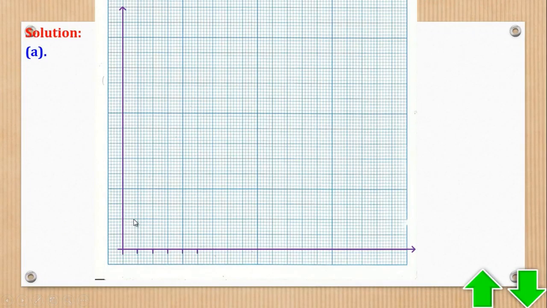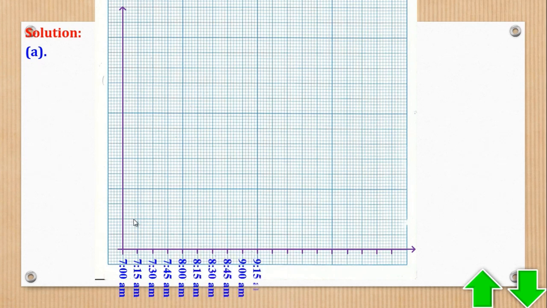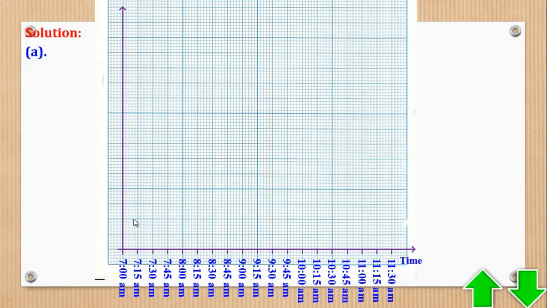That is what they mean by 1 centimeter. So to represent 15 minutes, you keep on adding 15, 15, 15, 15. Okay, that is for the time. What about for the distance?